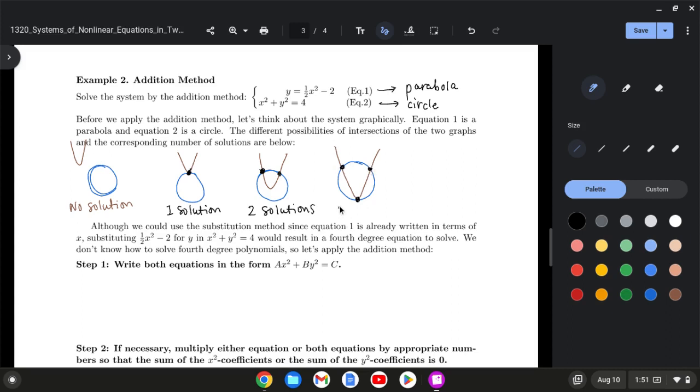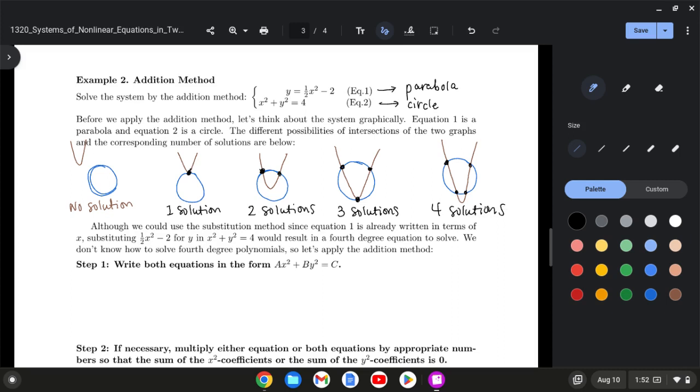So that would give us a total of 3 solutions. And lastly, if we had our circle and our parabola looked like this, we're going to have a total of 4 solutions because there are 4 points of intersection. That is all the possibilities we have.